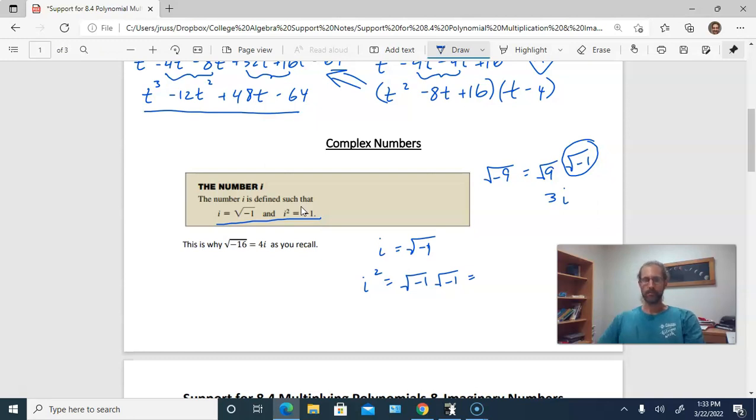And if you multiply these, negative 1 times negative 1 is 1, and the square root of 1 is 1. Okay, so that's where we get that second definition. And we will need to know this here in just a minute. We've got to remember that if we square i, we get positive 1.